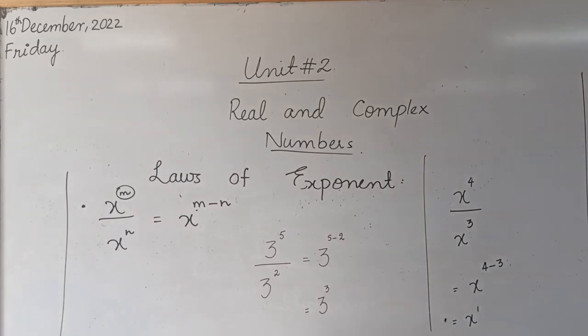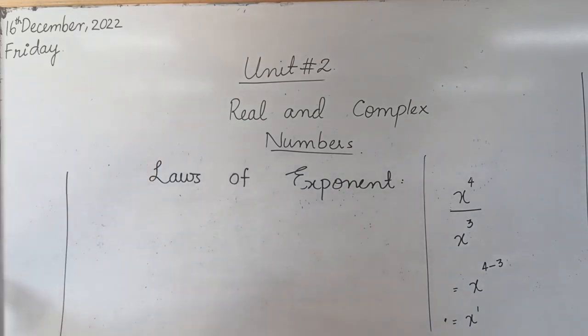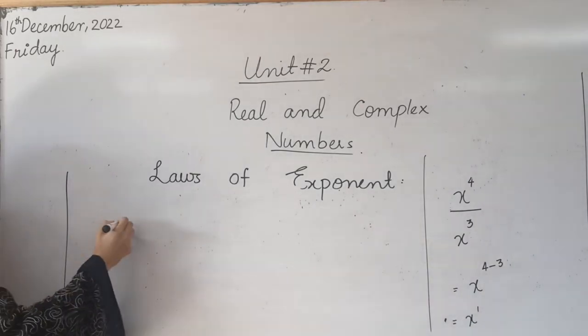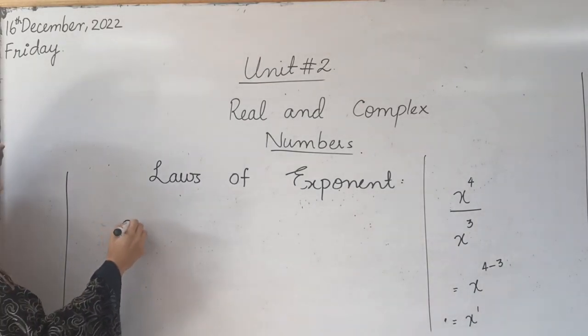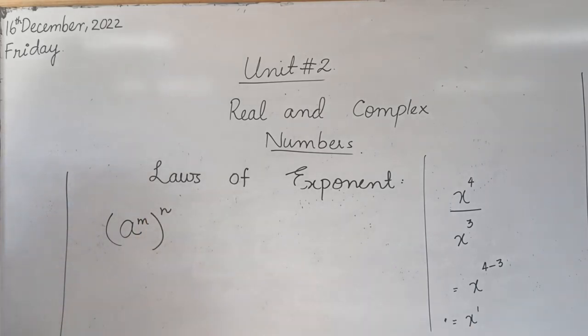Now, the next law is, if I have a simple base, for example a, and two different powers m and n. There is one exponential number having two different exponents, a raised to power m and n.